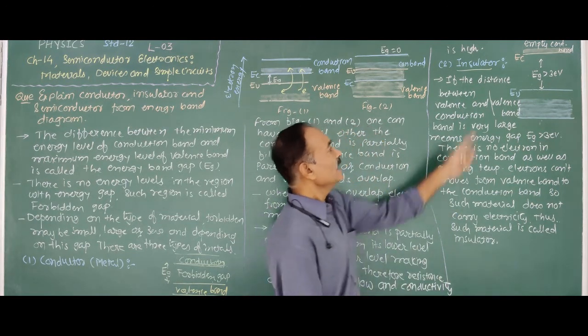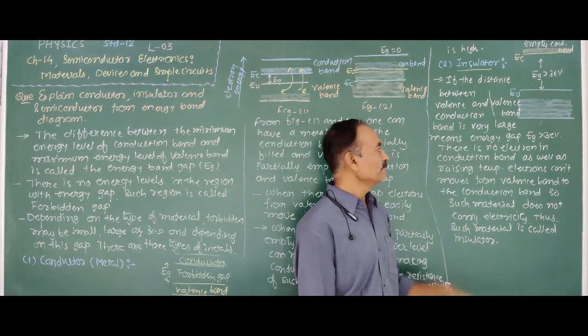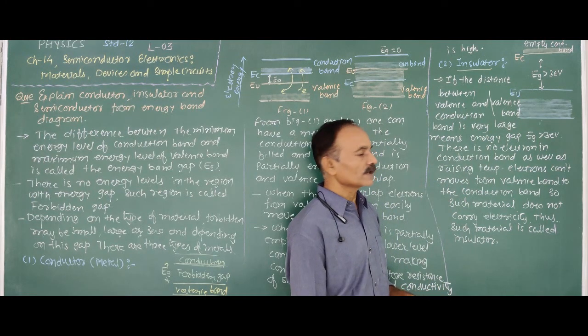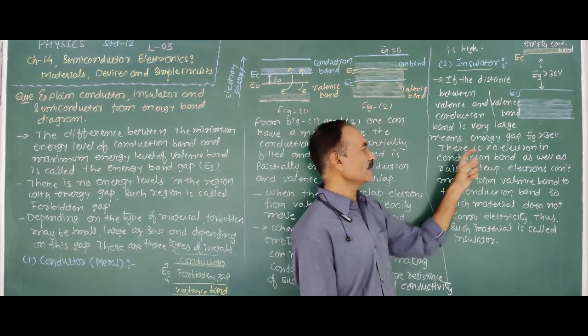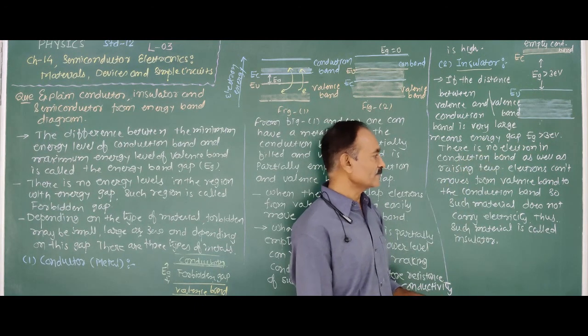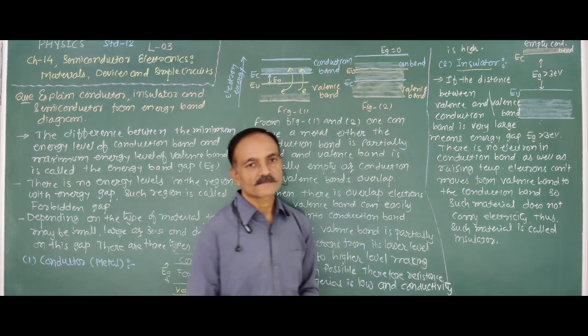Again, if the distance between the valence band and conduction band is very large, meaning the energy gap is greater than 3 electron volts, there is no electron in the conduction band, even on raising the temperature. Electrons cannot move from the valence band to the conduction band.